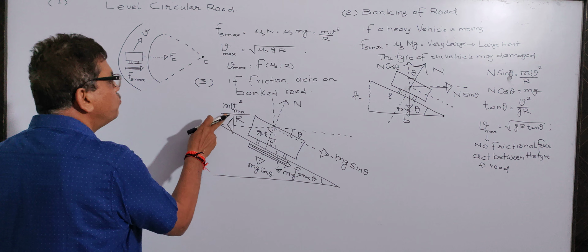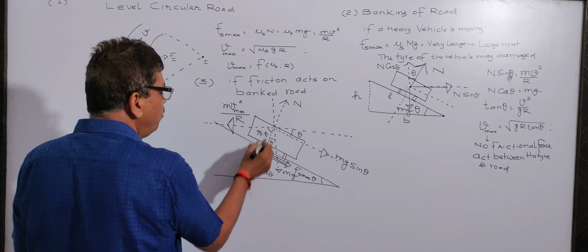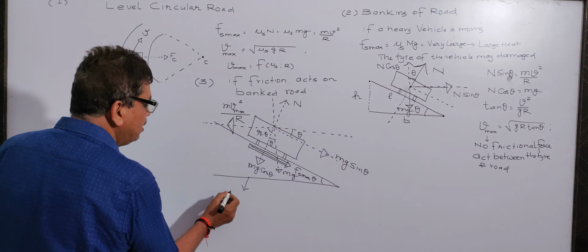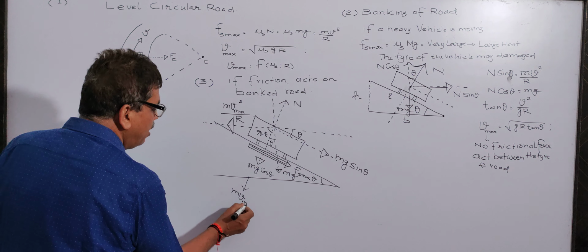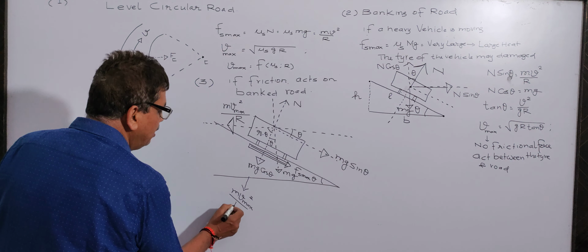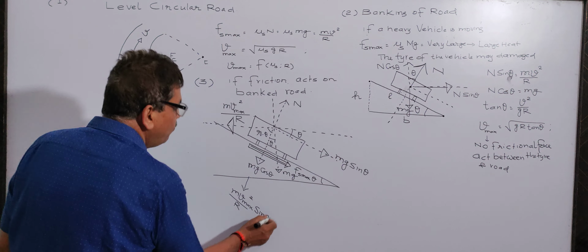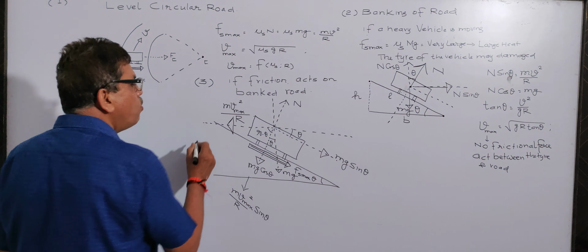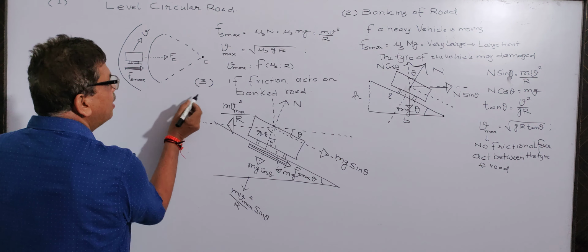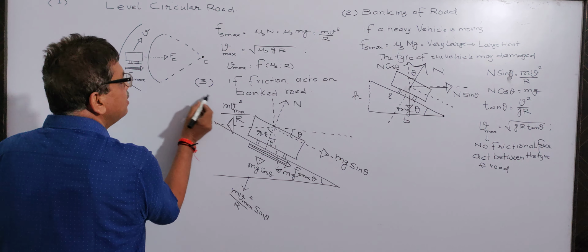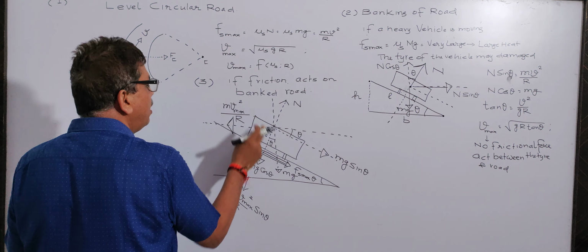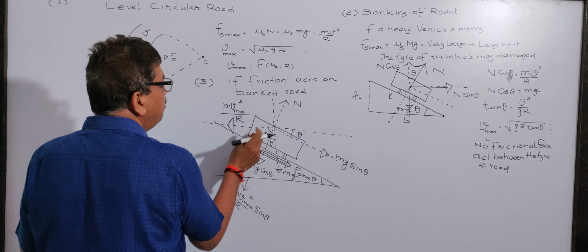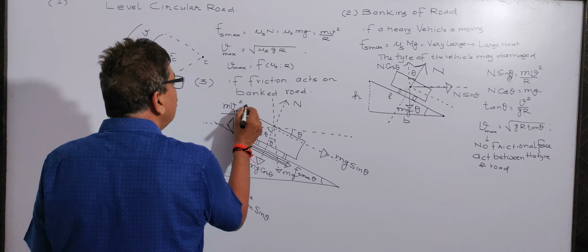I can find two components for m v max square by r. One component, m v max square by r sin theta, is acting normal to the inclined plane, and another component will be acting in this direction, m v max square by r cos theta.